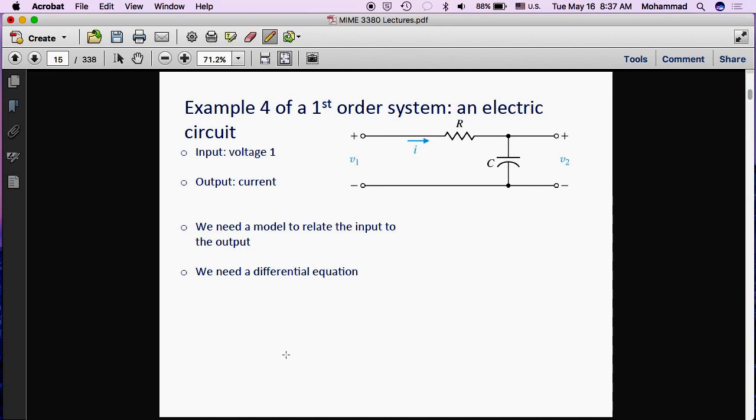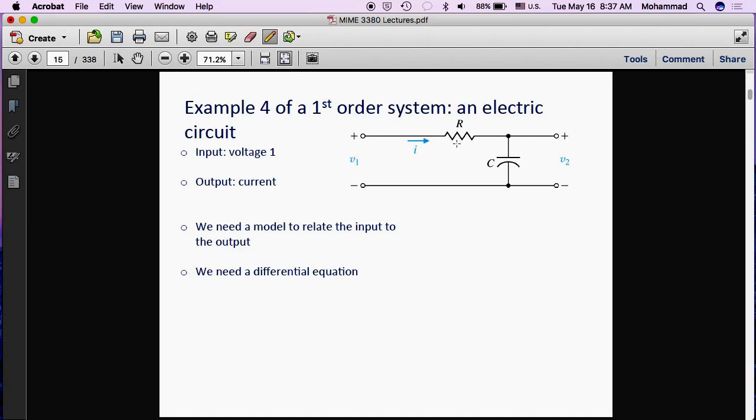The input for this system, what causes change in this system, is this voltage V1 that is applied between these two nodes, plus minus, which will cause a current passing through this circuit, and the output is the current. So we want to know how current changes over time if we apply a voltage between those two nodes.